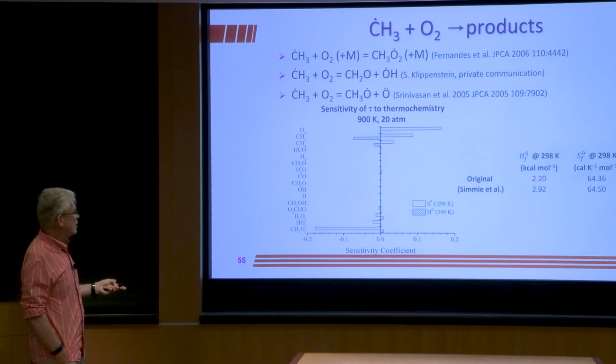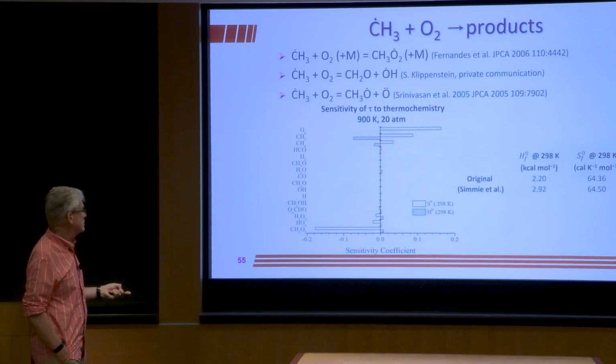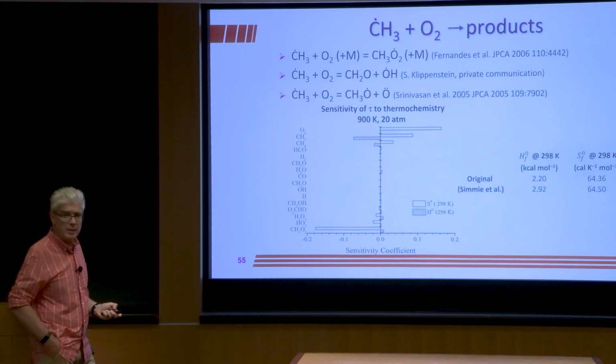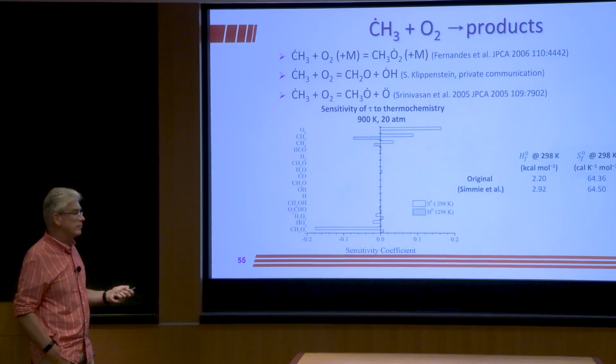In our mechanism, there's high sensitivity to the entropy, but the entropy that we had and the entropy that was calculated by John Simmie are about the same. But there is some sensitivity to the heat of formation too, you see it there. The calculated value, the more modern calculation, is 0.7 kilocalories per mole higher than what we had before, right?